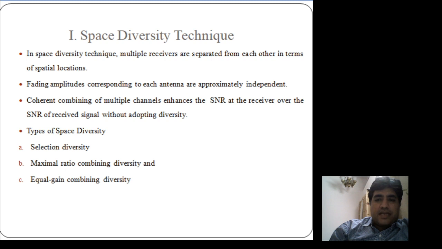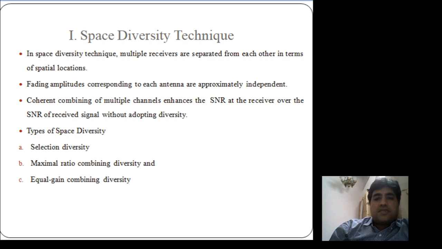So the idea of space diversity is that all these different channels have experienced independent fading conditions. So for that we have multiple antennas at the receiver which are separated from each other in terms of space. So the combination of all these multiple channels enhances the signal to noise ratio at the receiver, which is better than the signal to noise ratio of the received signal when we are not adopting any diversity.